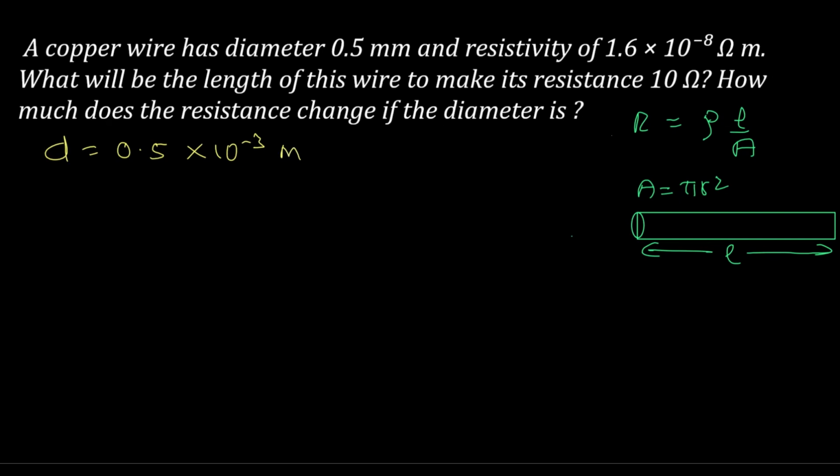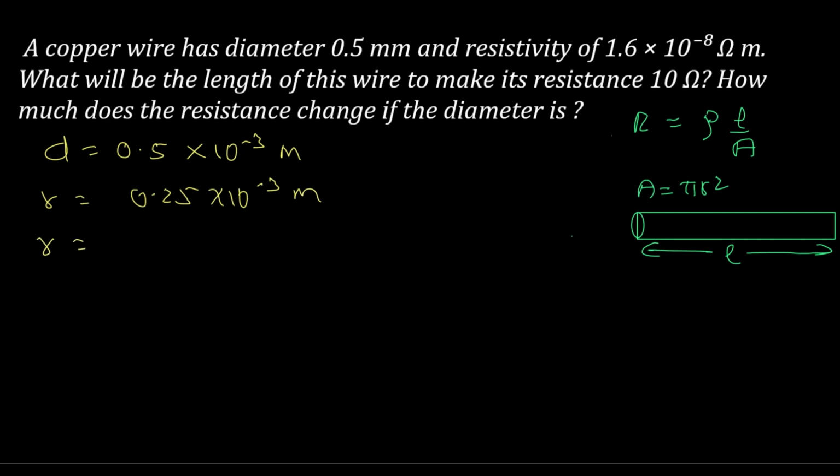This is because 1 meter is 1000 millimeter. The radius will be half of this, which is 0.25 into 10 raised to the power minus 3 meter.